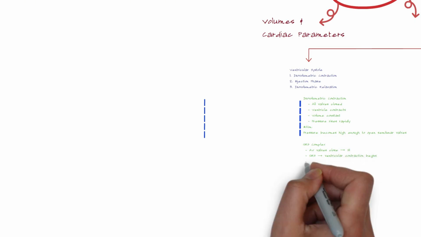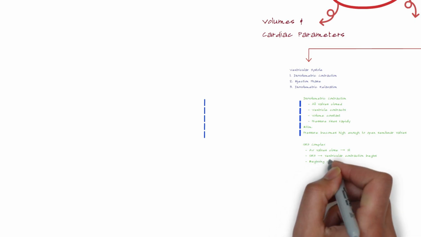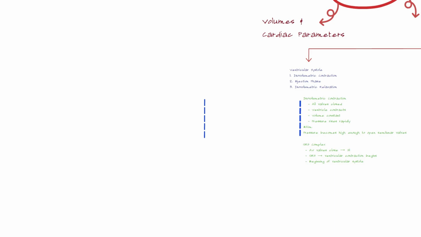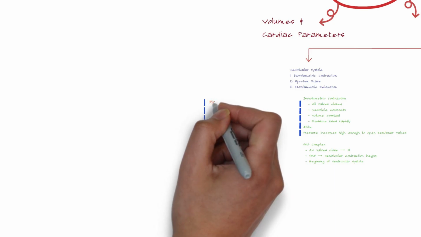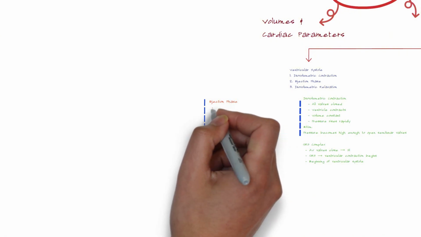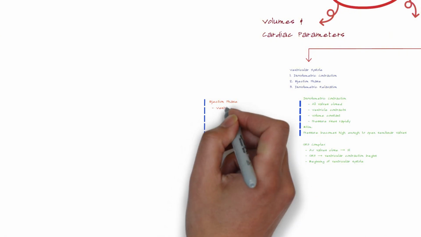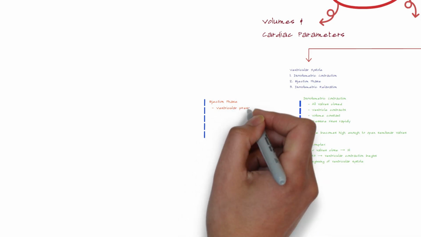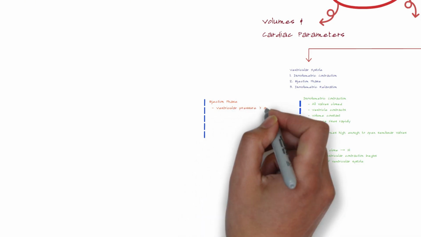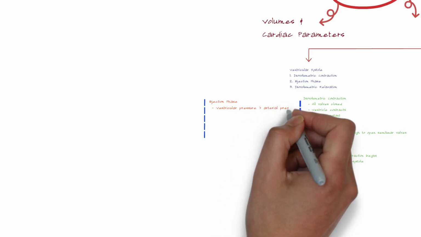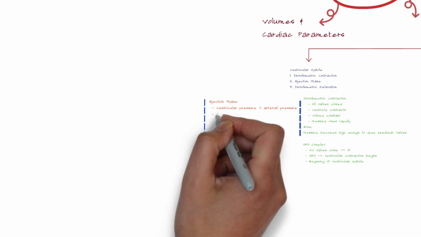Also, the closure of the AV valve occurs at the beginning of this phase, so S1 is here too. The ejection phase starts with the opening of the semilunar valve, and the opening occurs when the pressure in the ventricle is more than that in the artery, and this is the main aim of the isovolumetric contraction phase.